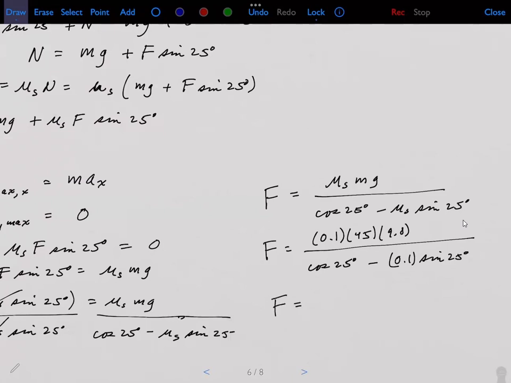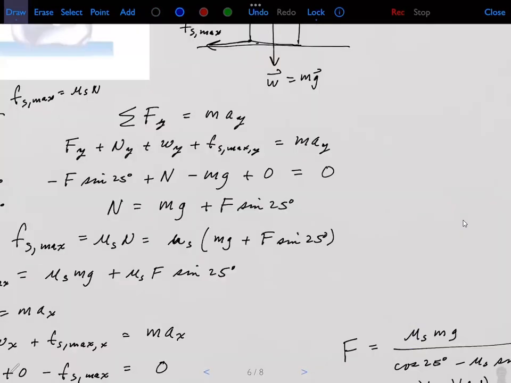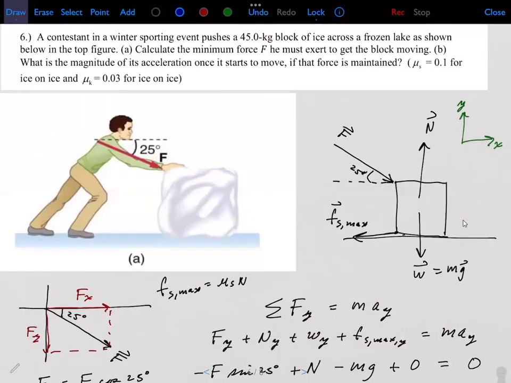Be careful with order of operations, and you're going to find that the force is 51.0 newtons. So that's the force that was applied to this block of ice here. If it's just on the verge of motion, given all this information, then that's the force that has to be applied: 51.0 newtons.